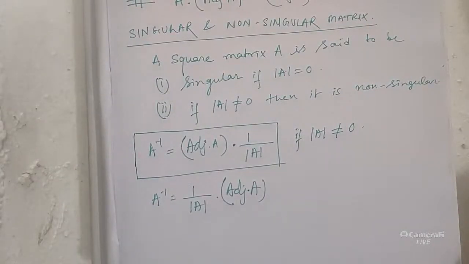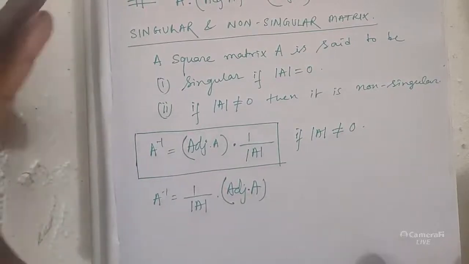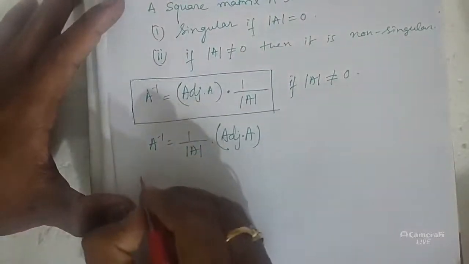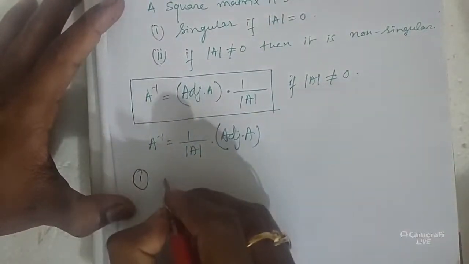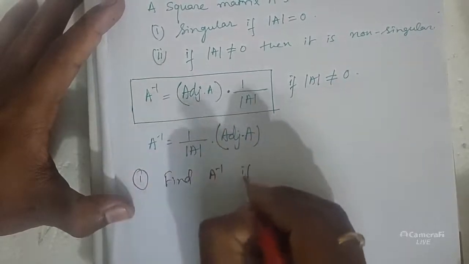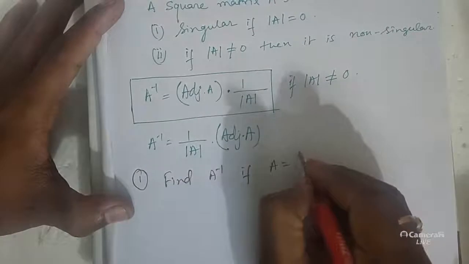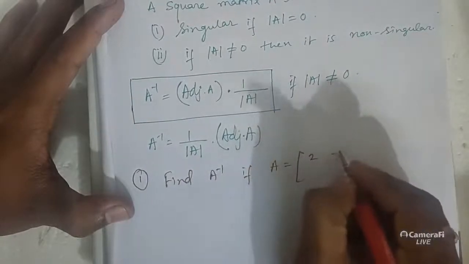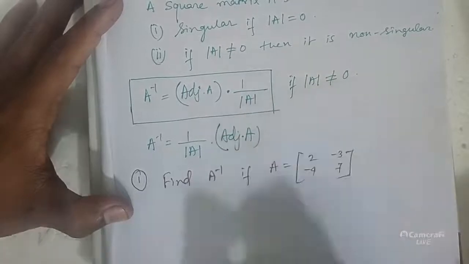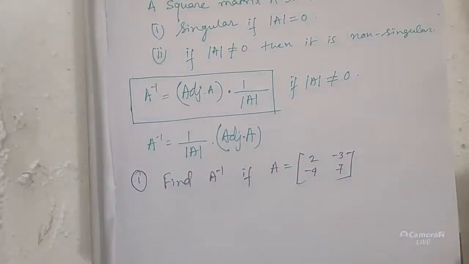Now we will solve a few questions and learn how to find the inverse of the matrix by this adjoint method. So the first question: find A inverse if A equals 2 minus 3 minus 4 7. Here we have to find A inverse. A matrix is given.